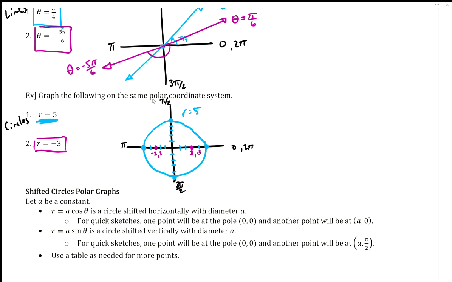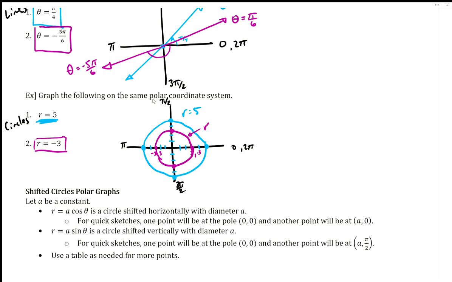So we're starting to see it won't matter if it's a positive or a negative. As long as it's r equals just a number, you can find all of those points, and the opposites I can find just as easy, like that.